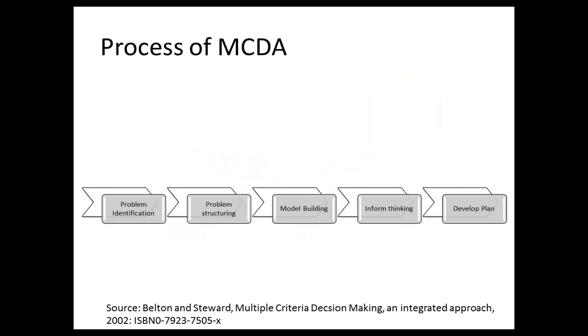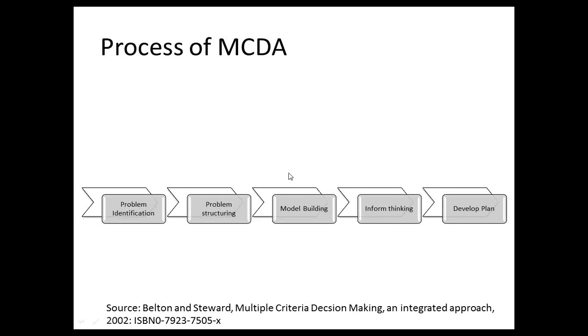When you look at the process of MCDA, it consists of different phases. Most importantly, I think, are the first two phases of MCDA, problem identification and problem structuring. If you make mistakes during these phases, this influences all other phases of the MCDA and finally the interpretation of the results and whether or not these results can be used in practice.